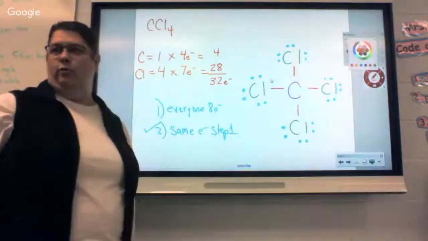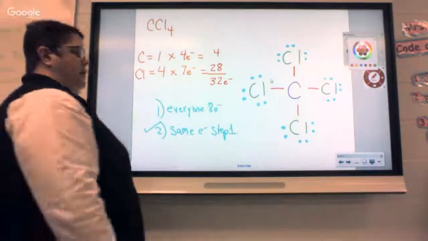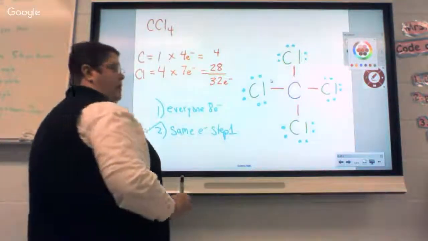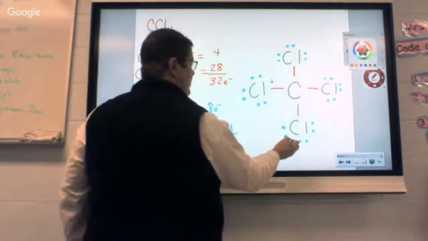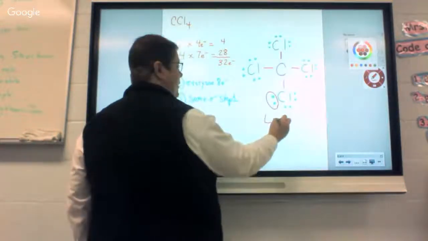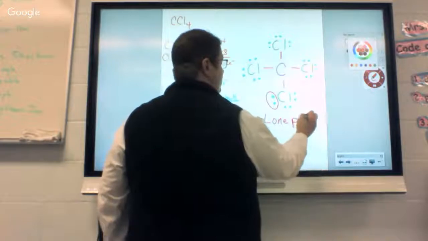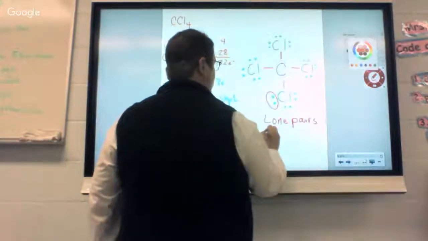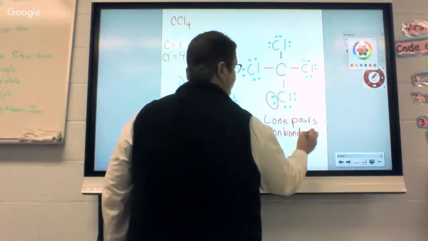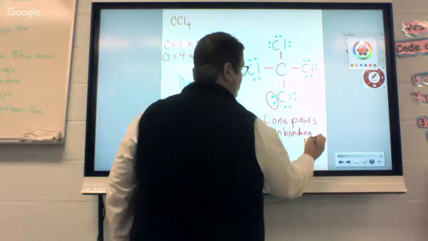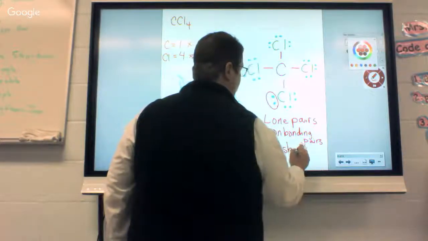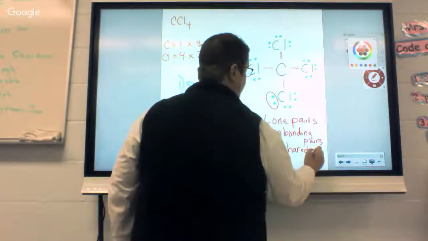Okay? So, thank you, drawing. Okay? When they're shared, you draw them as a line. A couple vocabulary words for you. The dots are called lone pairs, non-bonding pairs, or unshared pairs.